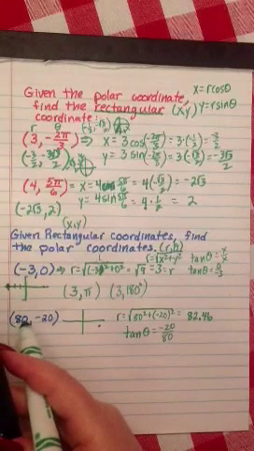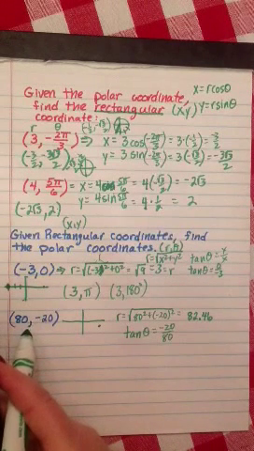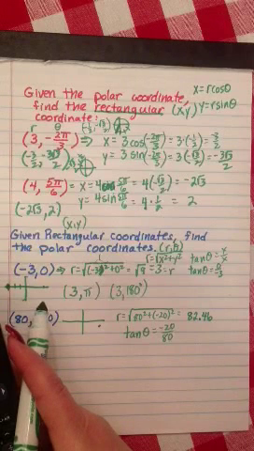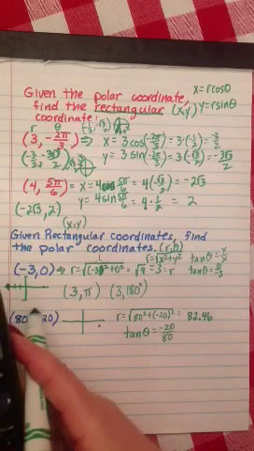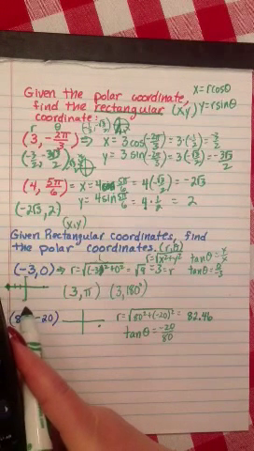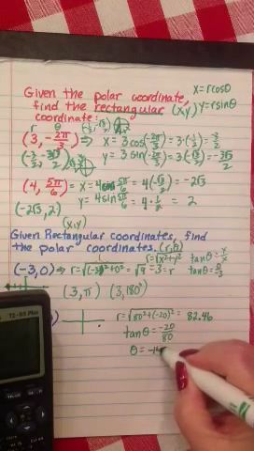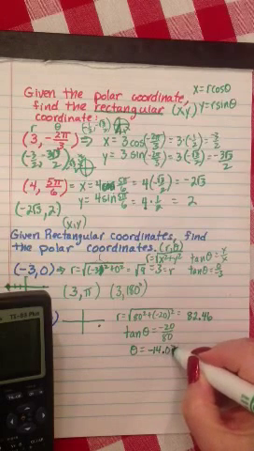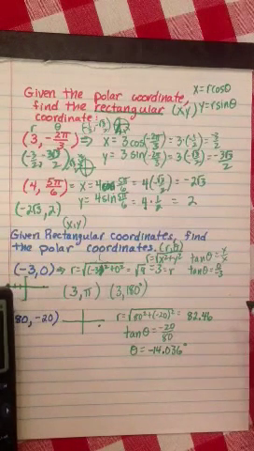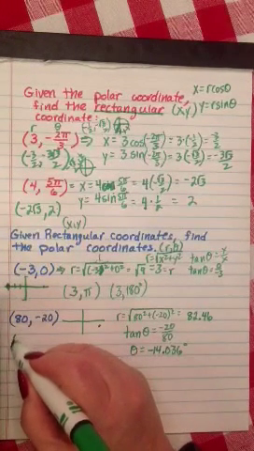Okay, so I'm going to go second tangent, negative 20 divided by 80. And it tells me that theta is equal to negative 14.036 degrees.